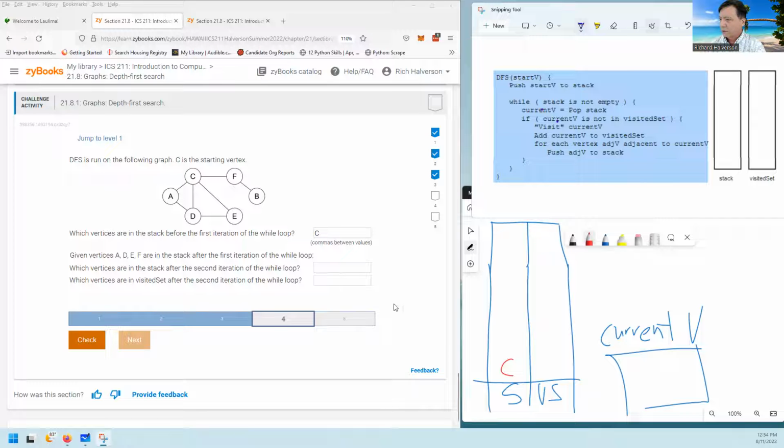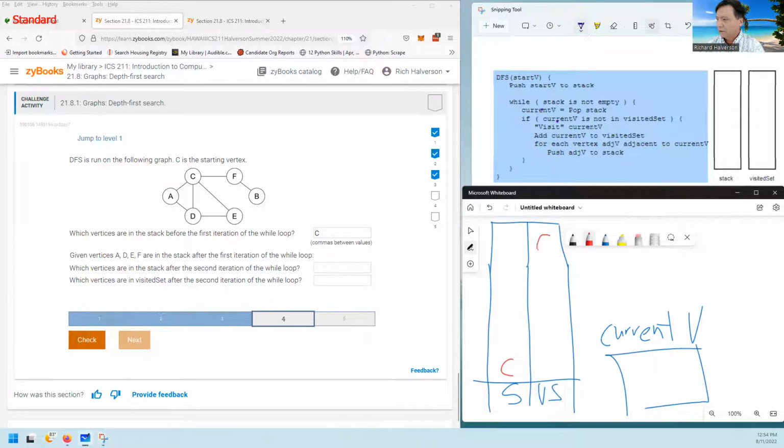Then each vertex adjacent to C gets pushed onto the stack. So that's why A, D, E, and F are pushed onto the stack. Meanwhile, C has been removed from the stack because we pop it right up here.